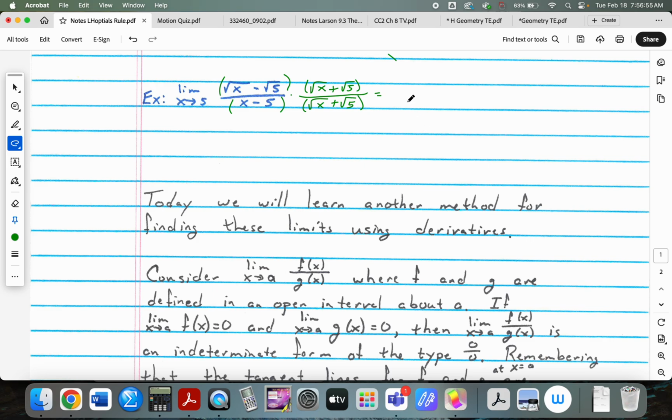So in the numerator, what that had the effect of doing is we have the limit as x goes to 5, the square root of x plus the square root of 5 times the square root of x minus the square root of 5. If we were to multiply all that out, we would get x minus 5.